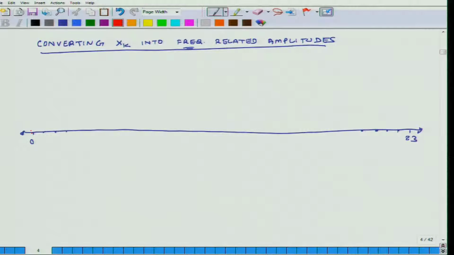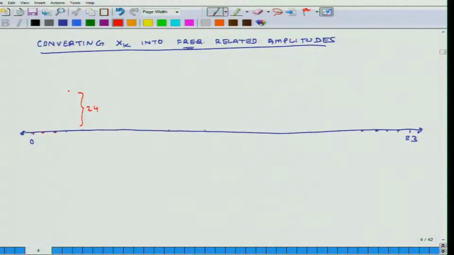At k equal to 1 the value was still 0. This is my vertical axis, and at k equal to 2 it was still 0. At k equal to 3 we found that the value was 24. So this was 24, and then you keep on computing, and you will find that there were lots of zeros.